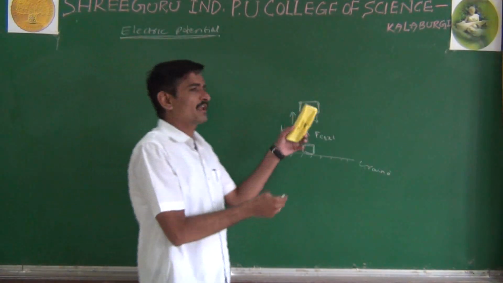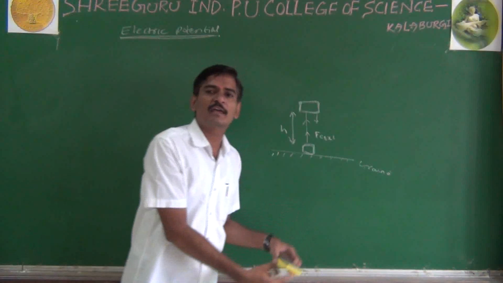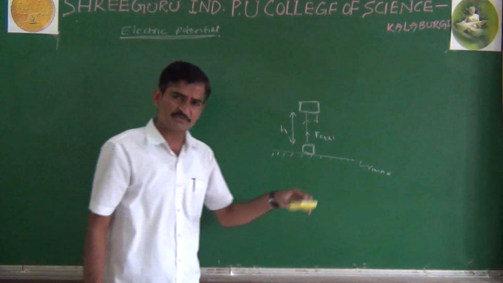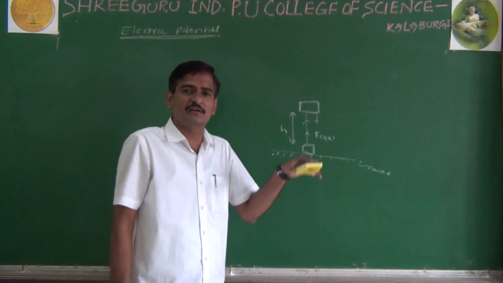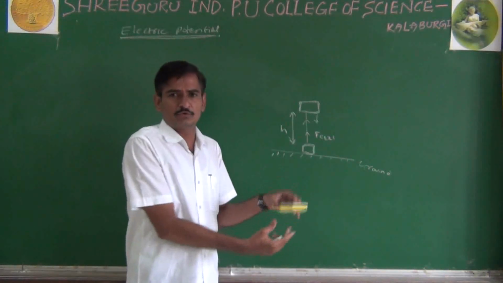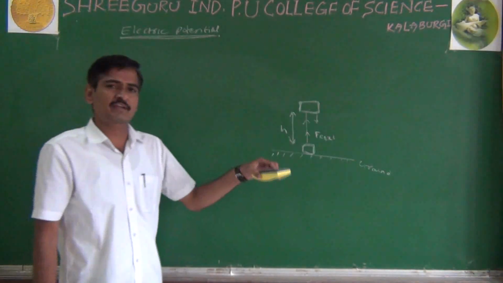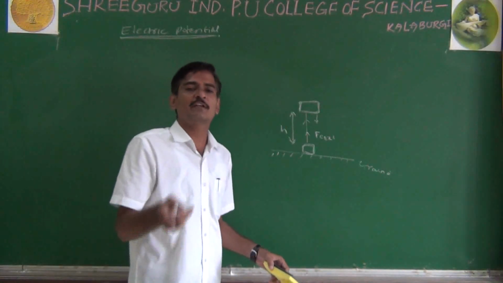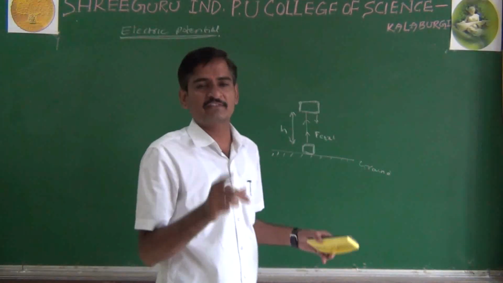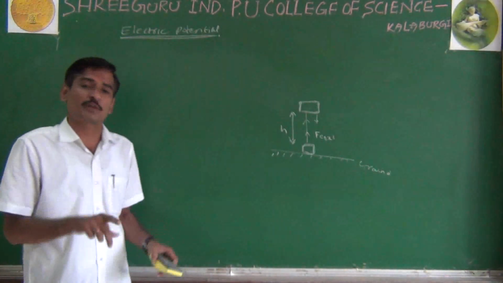That means the potential energy is converted into kinetic energy. As the object falls, it gets velocity and moves downward, gaining kinetic energy at the loss of potential energy.